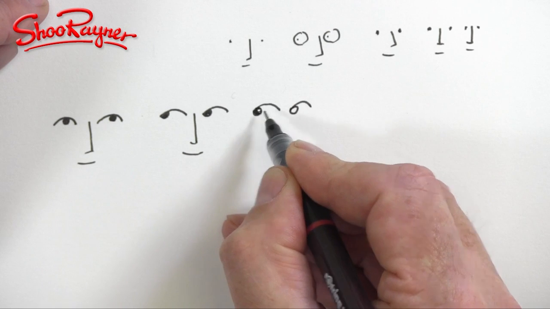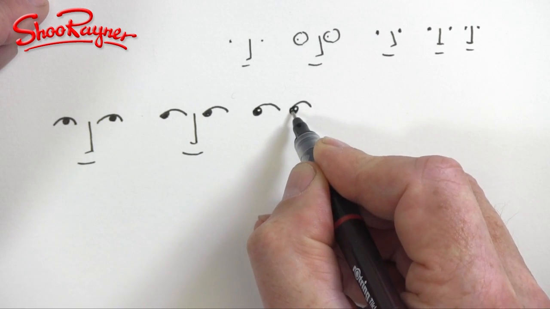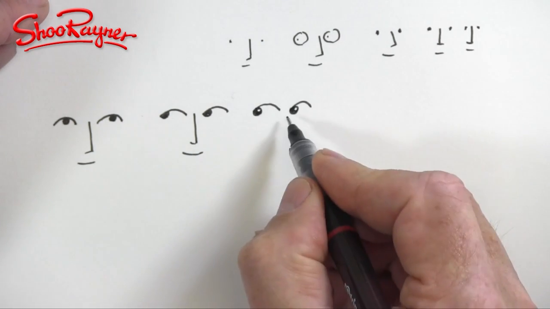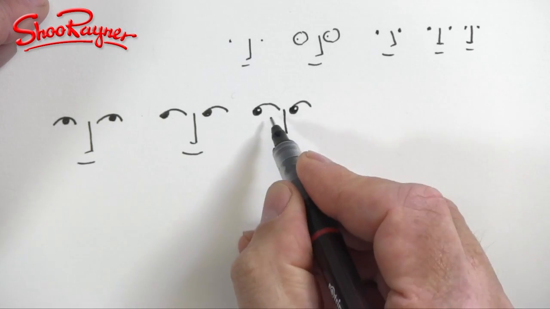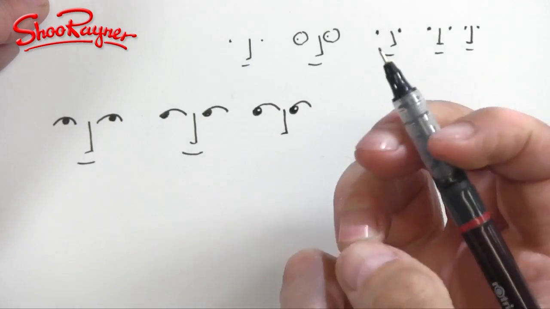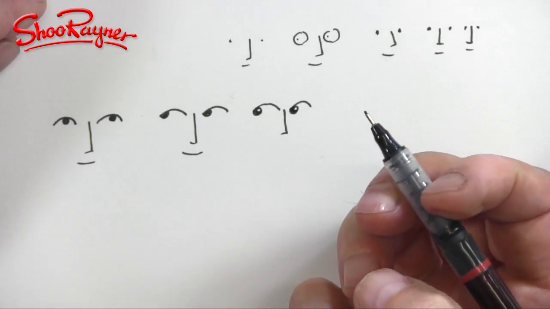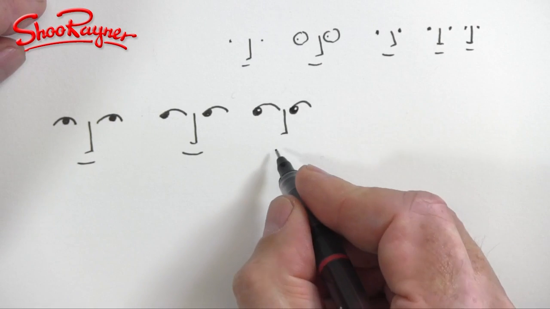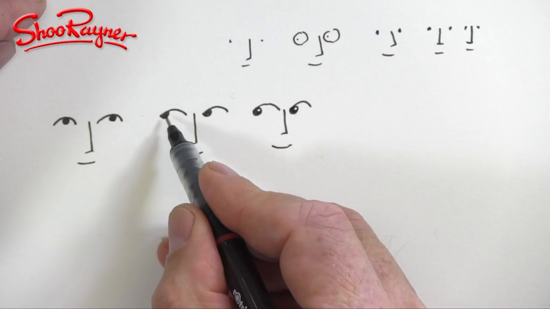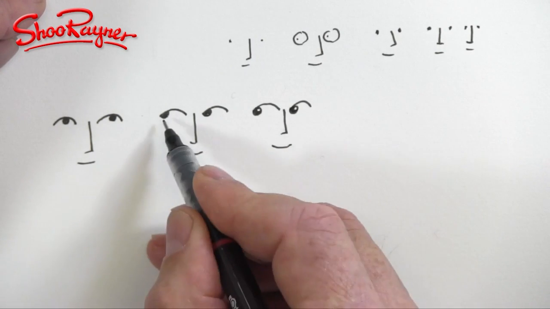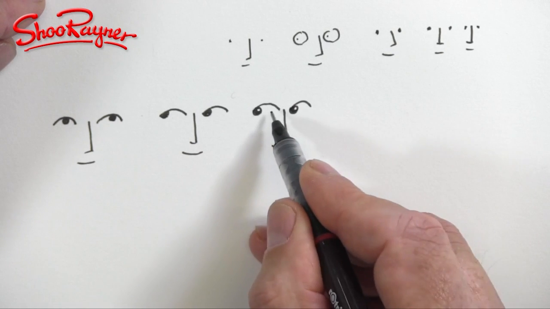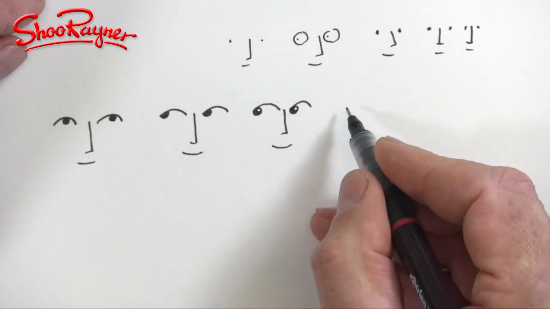And this time I'm going to leave a little white dot there, just to give a reflection, to make the eyeball look more alive. You can see it's a little sly, looking slightly upwards. This is looking definitely sideways.